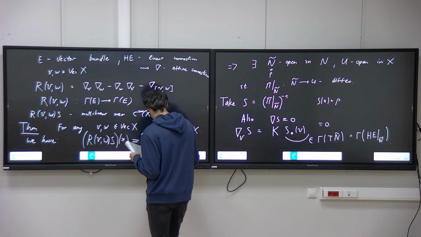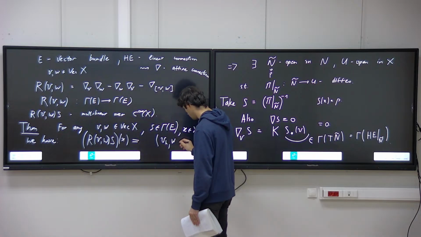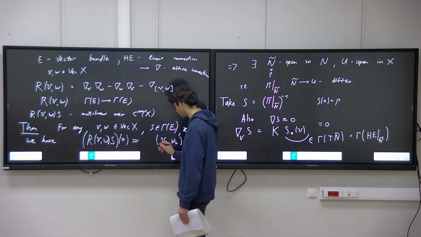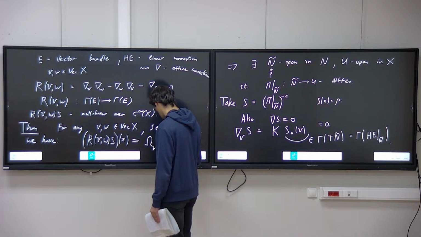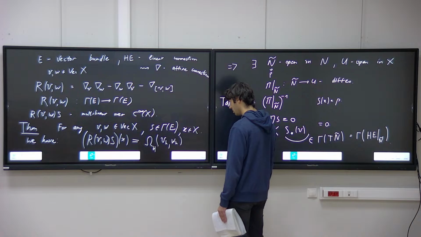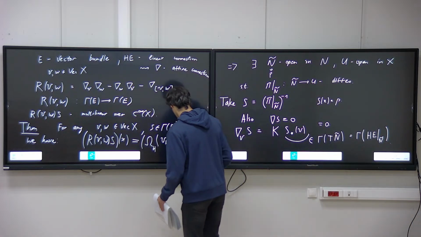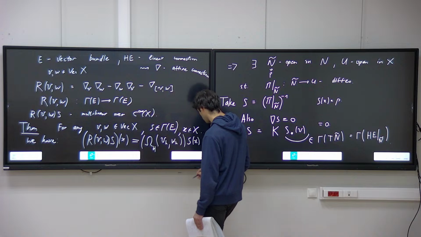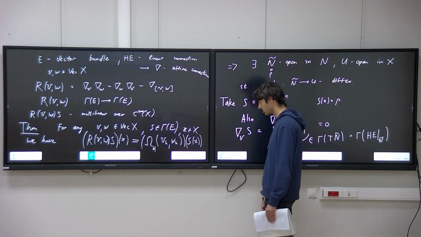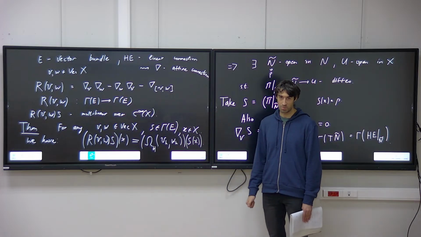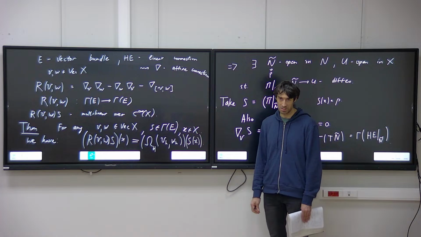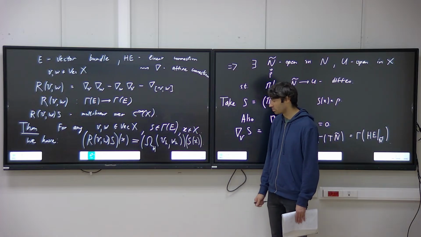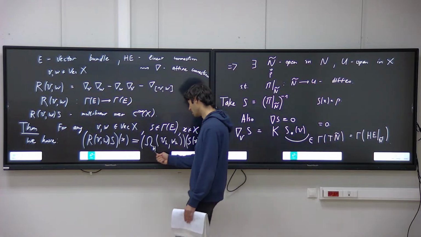I take V horizontally lifted to a vector field on E and W horizontally lifted to a vector field on E as well, compute omega H of it, and then evaluate it at the point S of X. Now let's check that all this makes sense, that the object on the left-hand side is the same as the object on the right-hand side, or maybe we need some identification to understand that.